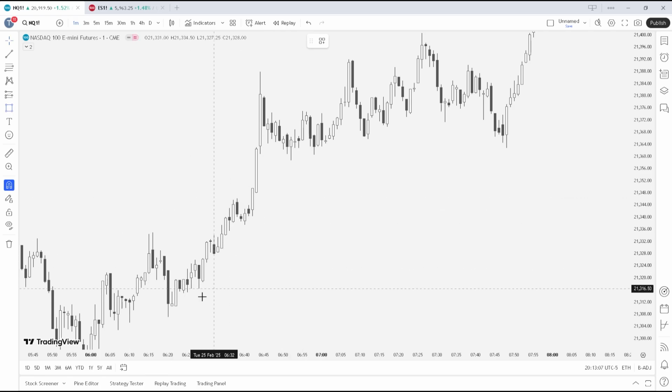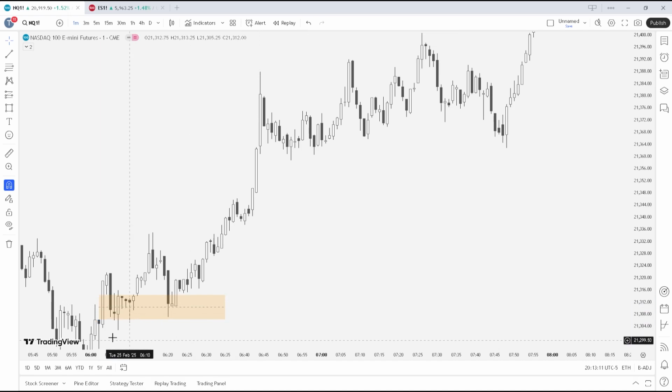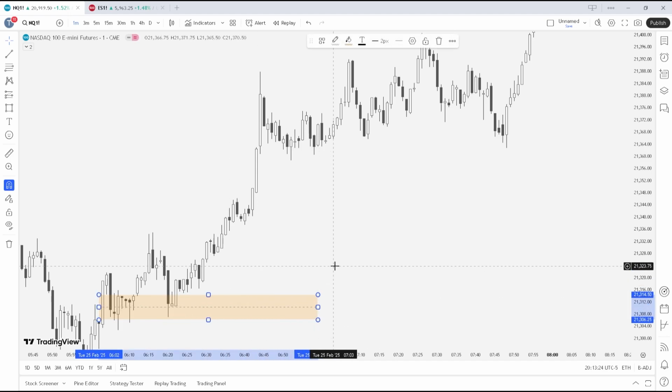Let's take a look at something like this BISI down here. We make this BISI, we come back into it, and then we wick out of it a couple of times, but the bodies are respecting this fair value gap nicely. We are holding this fair value gap because we are bullish.